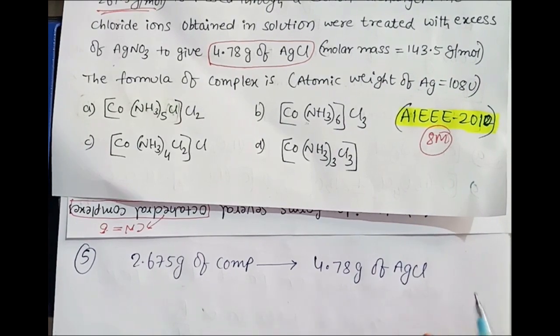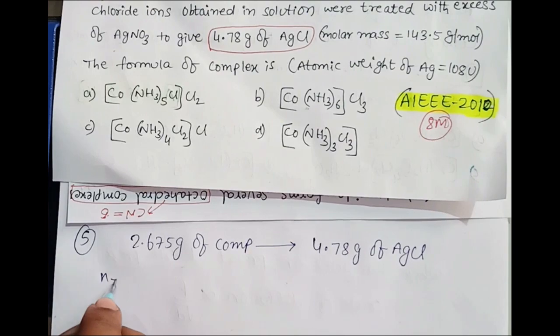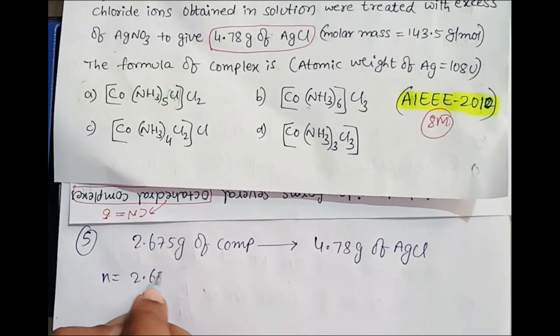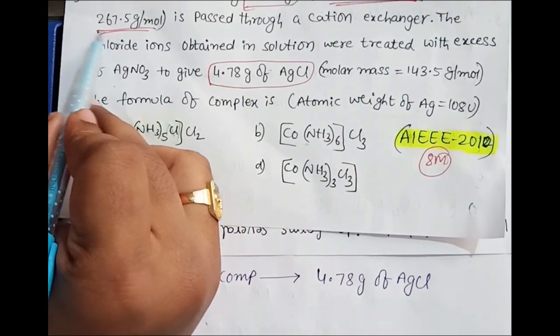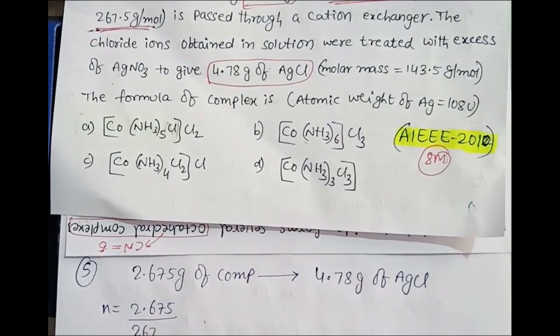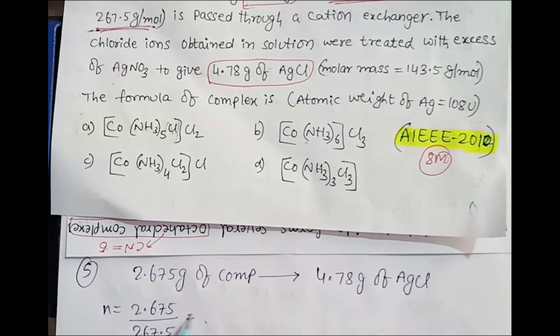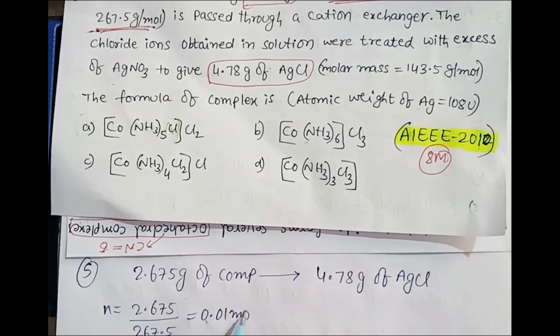So you know how to solve this. Convert this into number of moles. Number of moles equals given mass 2.675 gram upon molar mass 267.5, which is 0.01 mole.